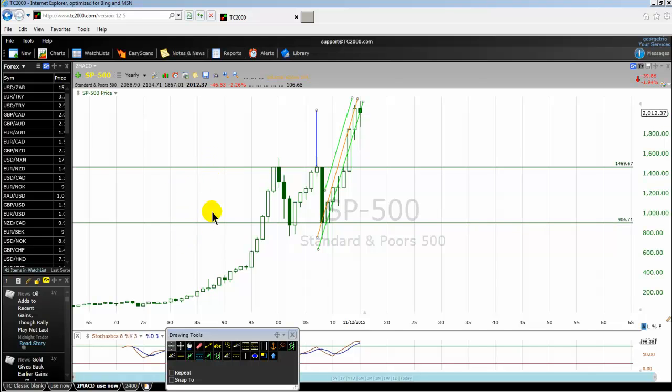These are the lines that I have on my chart here. So there was a consolidation in this session, all right? Remember 904 and 1469, okay? So the price was consolidating here.